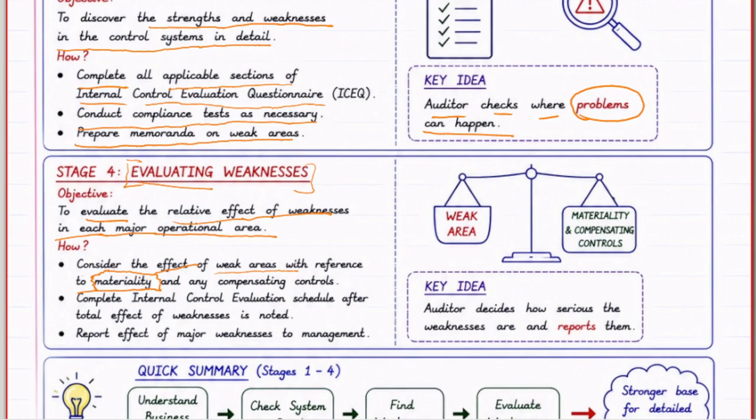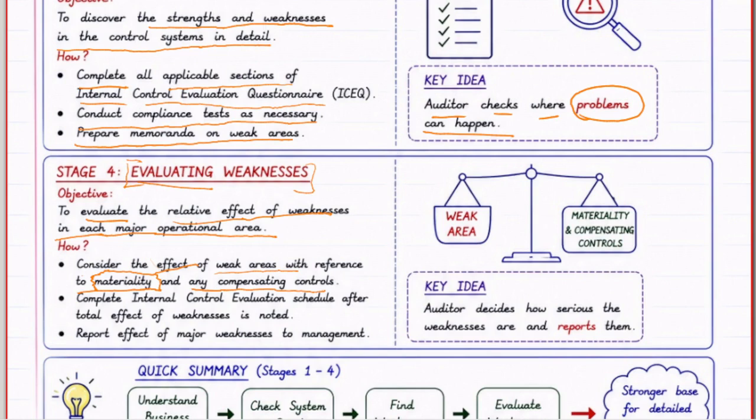So consider the effect of weak areas with reference to materiality and any compensating controls. That means, yes, this is a weakness, but this also balances the weakness. Do you understand what I'm trying to say? This also balances the weakness.